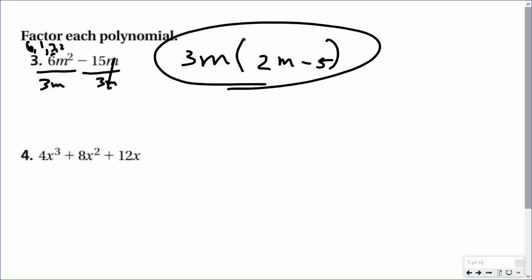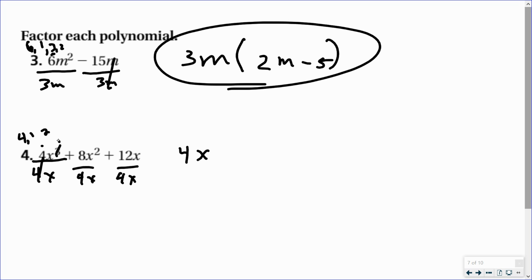Number 4. Okay, it looks like I can take out an x. And then let's start looking at the numbers. Oh, right here, I got 4 and 1, or 2 and 2. Well, 4 gets the job done. So let's go 4x, 4x, and 4x. 4 into 4 is 1, so that's gone.